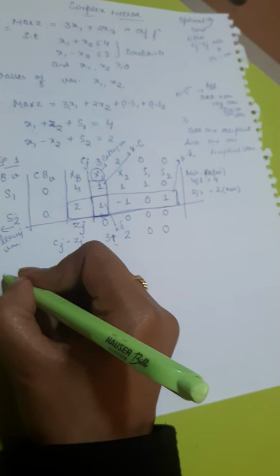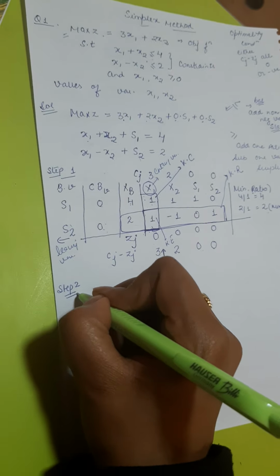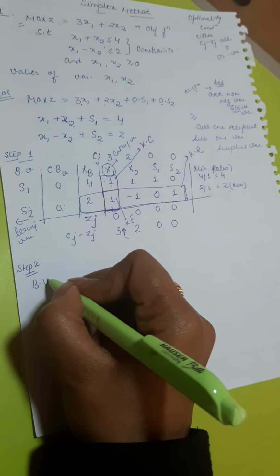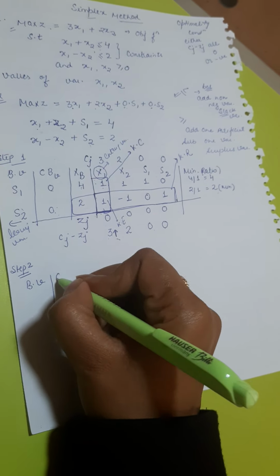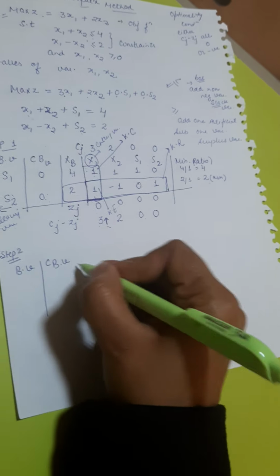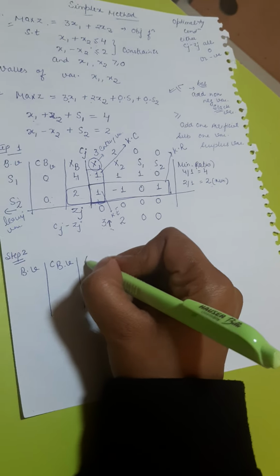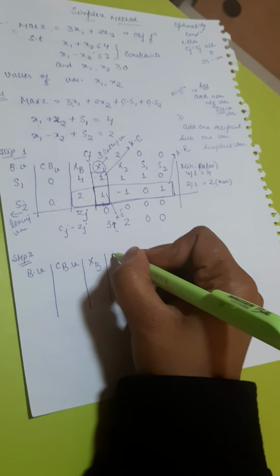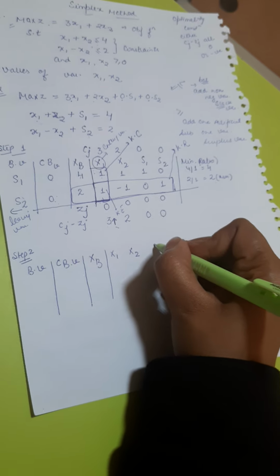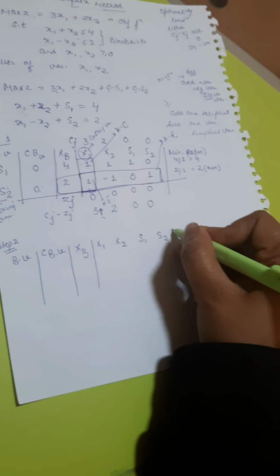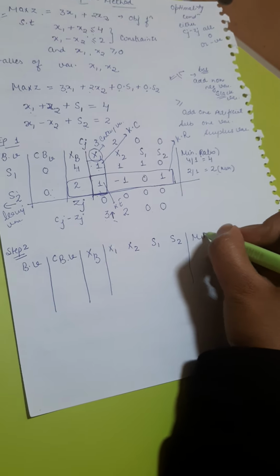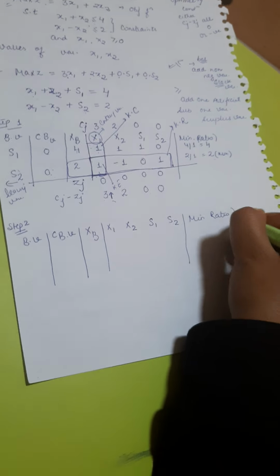So how will we create the next table? Step 2. By default, these are the same: basic variable, cost of basic variable, xb, x1, x2, s1, s2, and the minimum ratio, right?